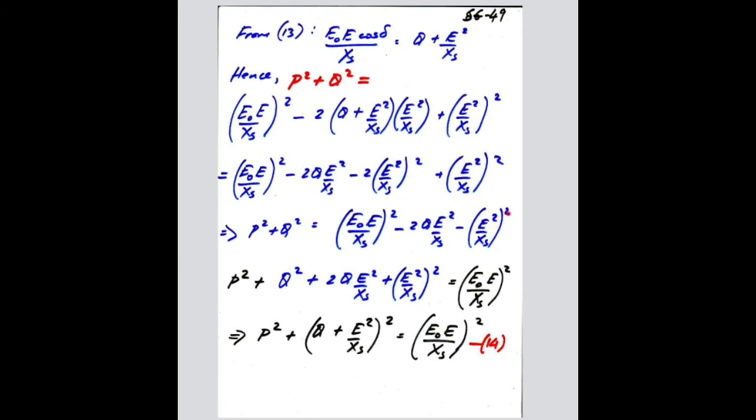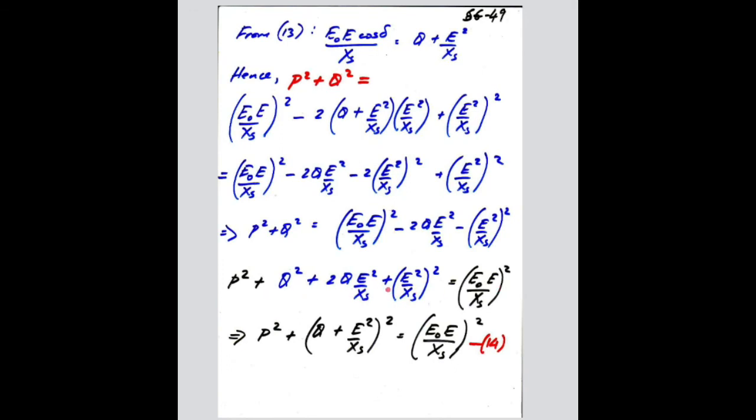So if you rearrange now, you can shift those two terms onto the left-hand side. So that becomes P squared plus Q squared, and those two terms I've added on the left-hand side, and I've kept this term on the right-hand side.